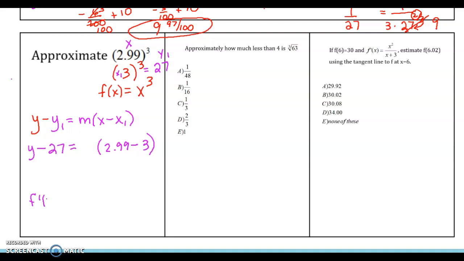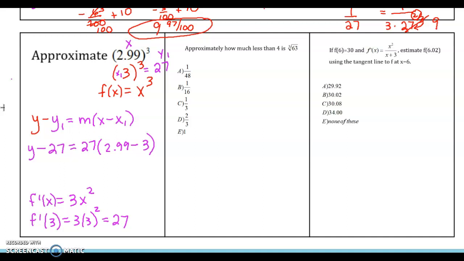So f prime is going to be a power rule. f prime of our nice number is 27. Oh, that's a coincidence. And it's a coincidence that that's 27. Okay. It's because we're using 3 and the power rule and stuff like that.